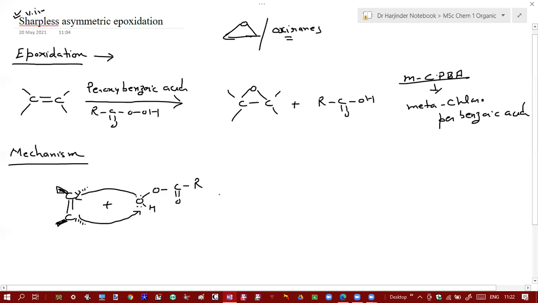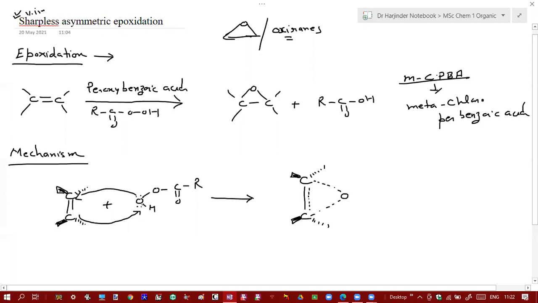So that results in the formation of a transition state. In the transition state, this bond is now partially broken, and this oxygen starts inserting in between these two carbons. So there is a partial bond formation with this oxygen.